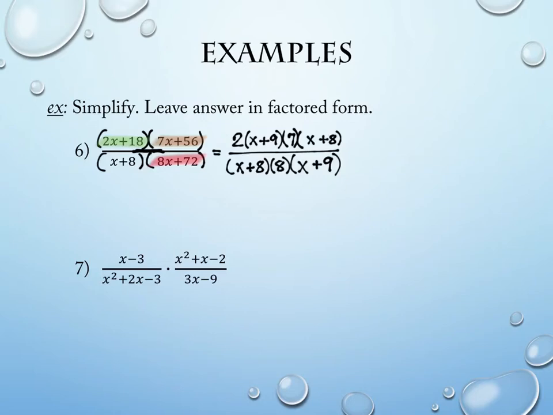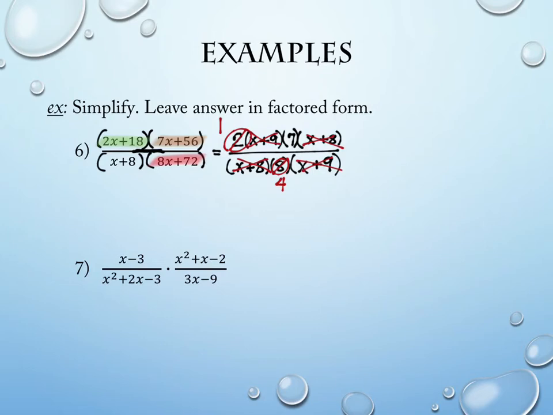Tell me something you notice that we can reduce or cancel out. X plus 8 and x plus 9. All right, the x plus 8s, the x plus 9s, and there's one more thing, the 2 and the 8. This 2 divides by 2, and this 8 divides by 2, leaving you with 4.